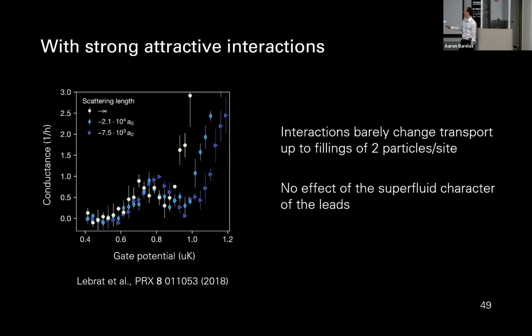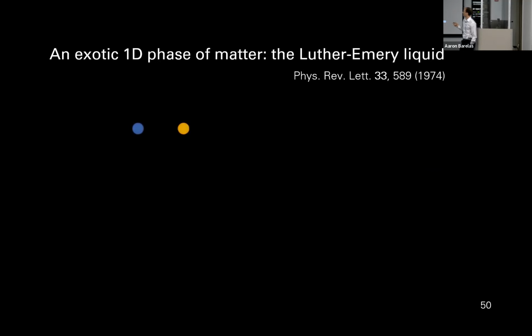That took us by surprise, to see a conductance minimum that looks like a gap feature at fillings comparable to 2 particles per site. And so we attributed this effect to an exotic 1D phase of matter that has been studied in quantum matter textbooks a few years earlier, which is essentially called a Luther-Emery liquid.